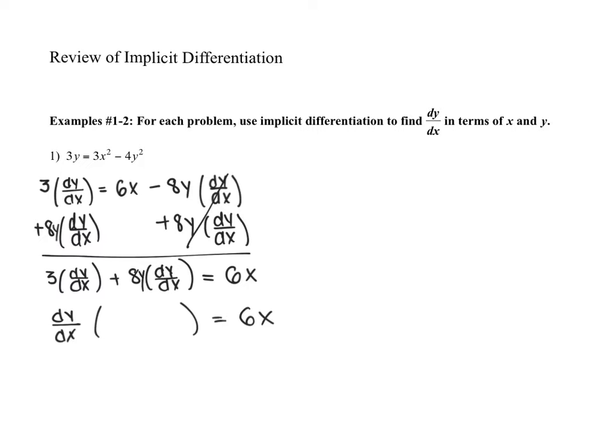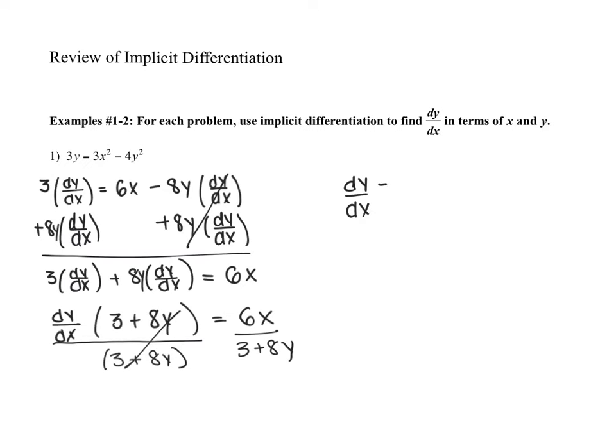Sorry, that should say 8y. So we have 3 plus 8y. And then to get this last dy/dx by itself, we're going to divide both sides by 3 plus 8y. These cancel. And our final answer for our derivative, dy/dx, is 6x over 3 plus 8y.